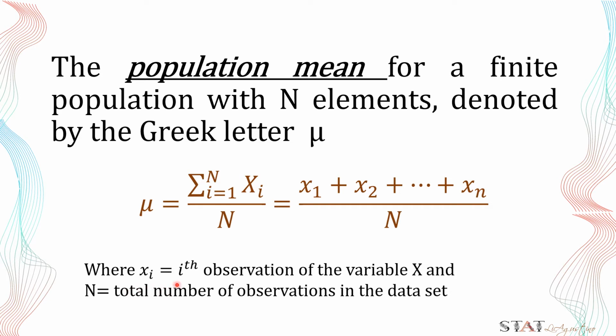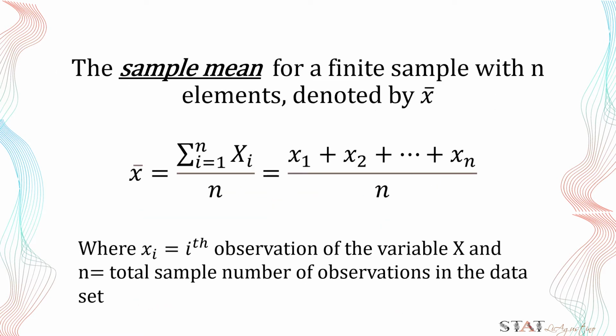Where xi is the ith observation of the variable x and N is the total number of observations in the data set. Note that the population mean is a parameter while the sample mean is a statistic, as we defined in our basic concepts in the previous module.